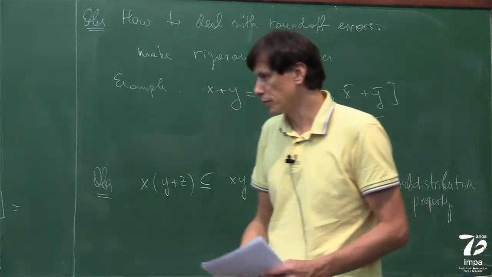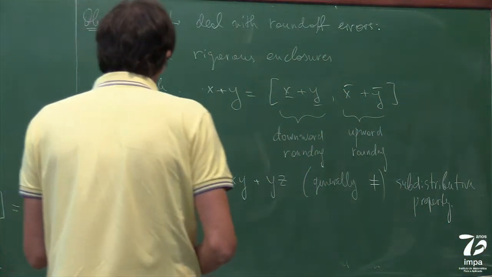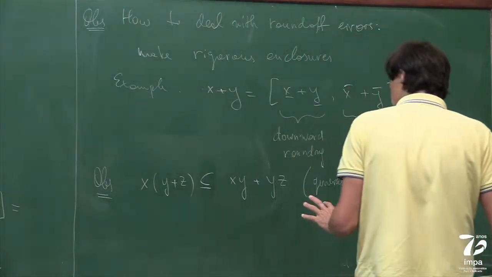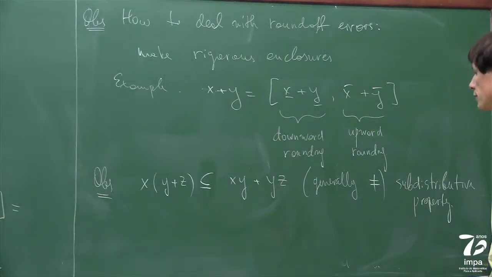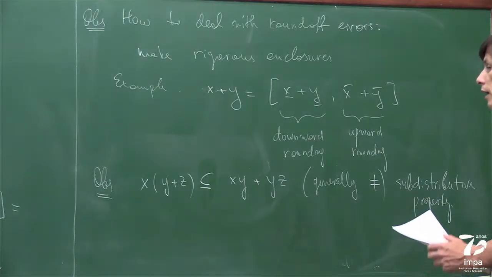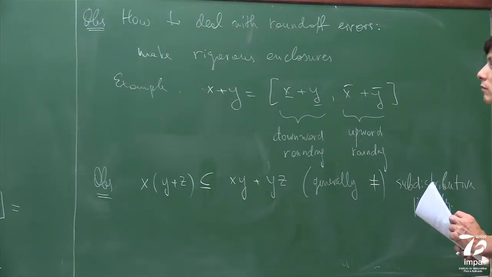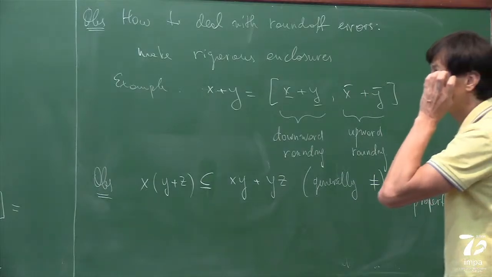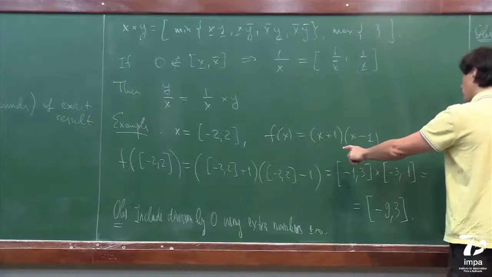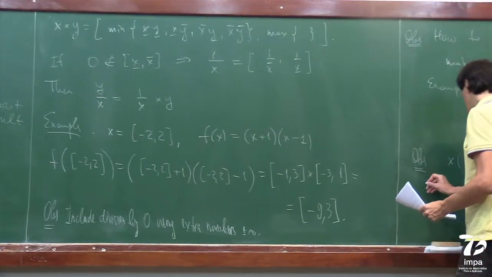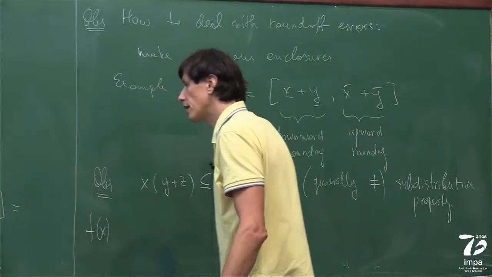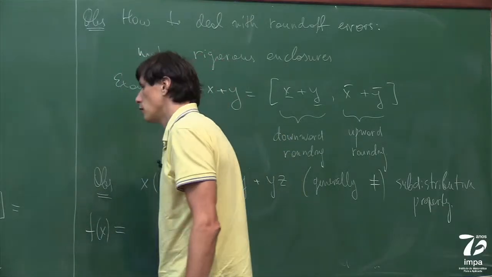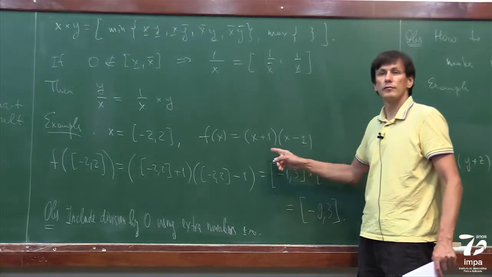So again, numerical analysis is violating some of the basic properties of algebra. And actually, we can see something like this exactly on this example. Let's compute that f of x, but opening the parentheses.